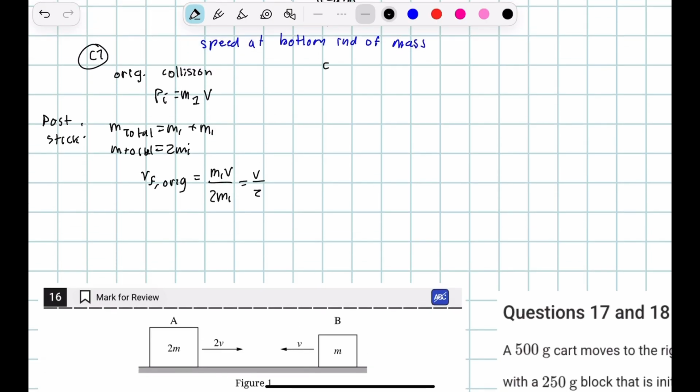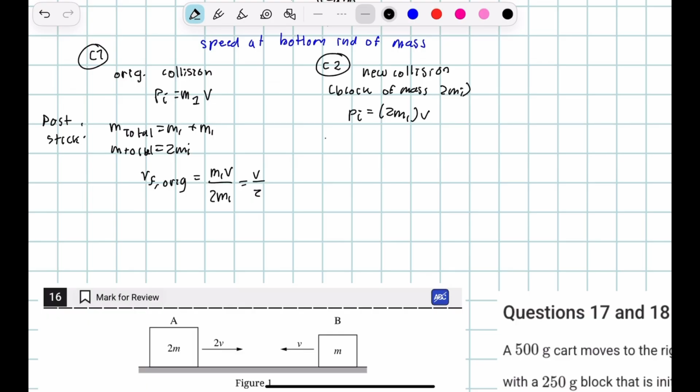Now, case 2 for the new collision. This was when we have, again, a block of mass 2m1. So your momentum before the collision, pi, is equal to 2m1 times v.